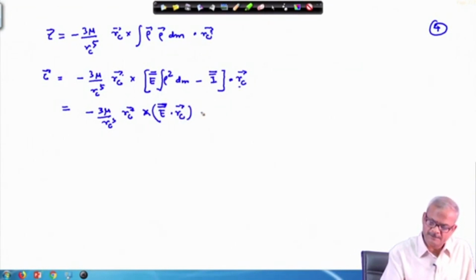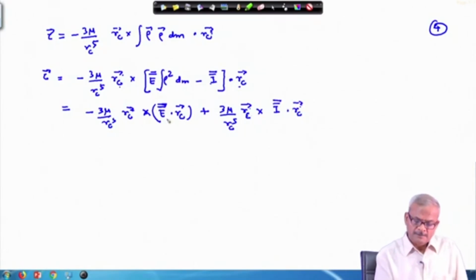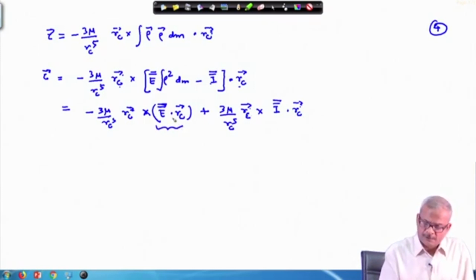Now, we break this bracket and this is minus and then the other part will be plus. So, this is 3 mu by R c to the power 5 R c cross I double bar dot R c. So, this is the dot product of this R c with the unit dyadic. So, ultimately this will be nothing but R c.